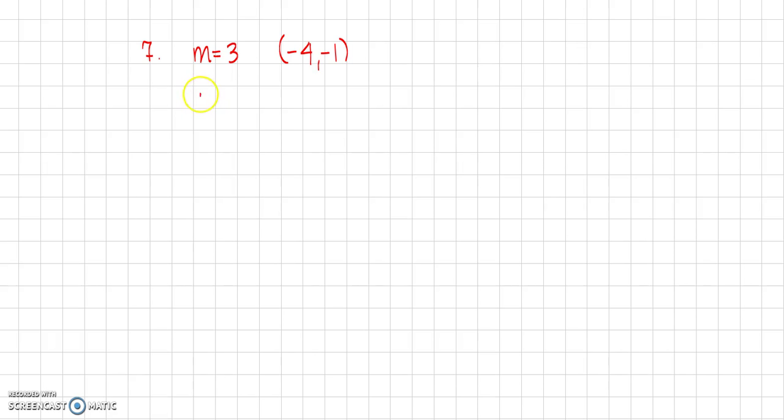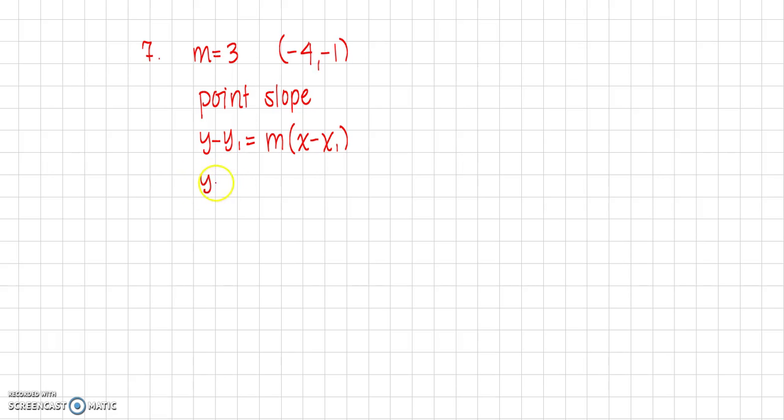You can use what's called point slope form, and it is y minus y1 equals m times x minus x1. And the y1 and the x1 are the ones that you'll change with the coordinates inside the parentheses. M is the slope. The y and the x stay y and x.